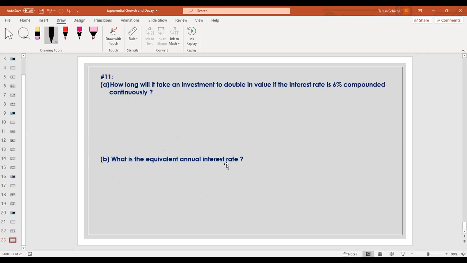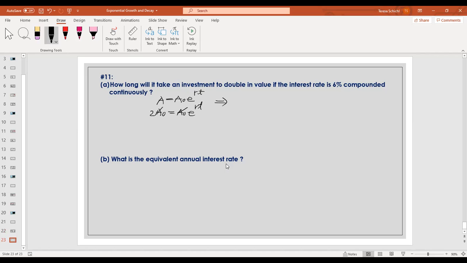Okay, so now let's take a look at number 11 here. This is our last problem for compound interest. It asks how long will it take an investment to double in value if the interest rate is 6%, compounding continuously. All right, so I know for continuous compounding, A equals A0 e^(rt).